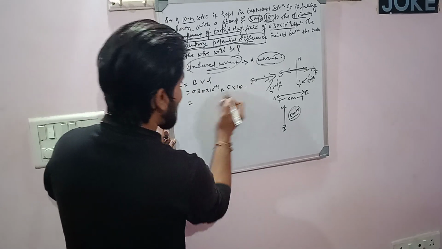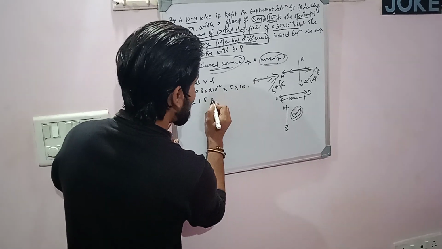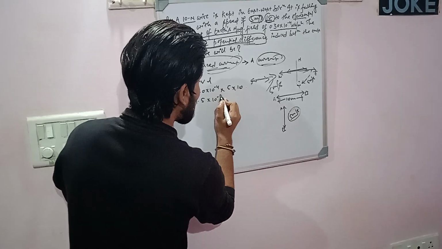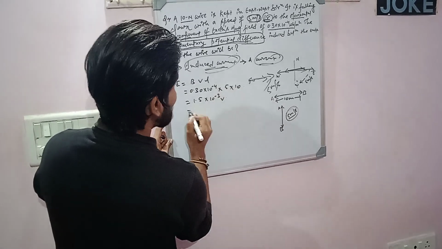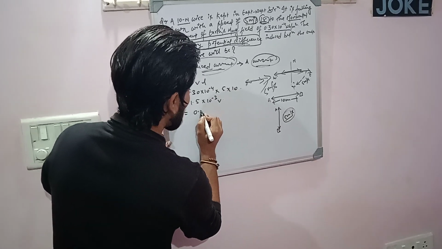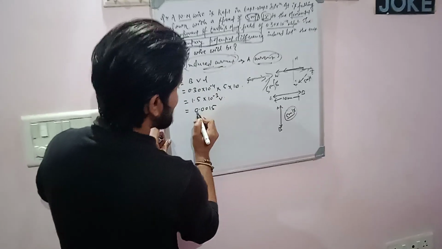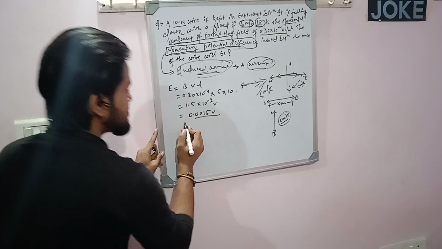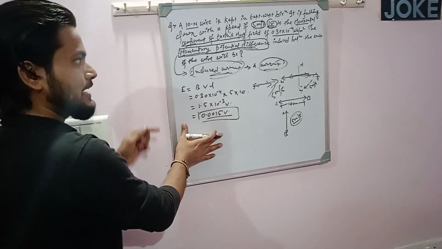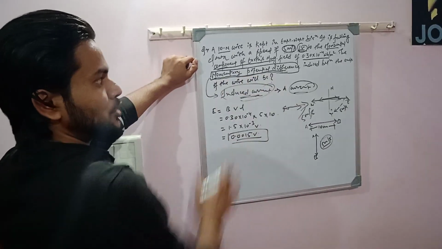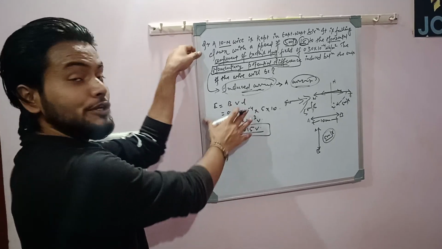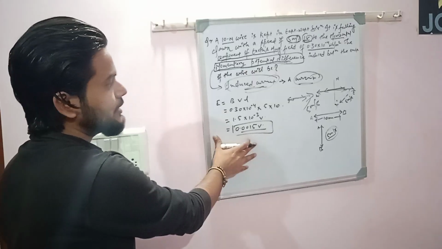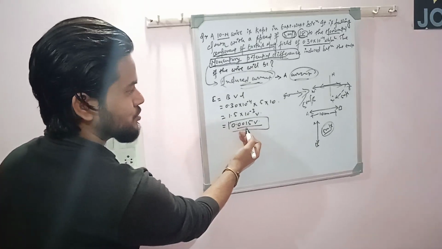When we calculate it, we get 1.5 into 10 to the power minus 3 volt. You can also write it as 0.0015 volt. This is the momentary potential difference, that is, the induced EMF.